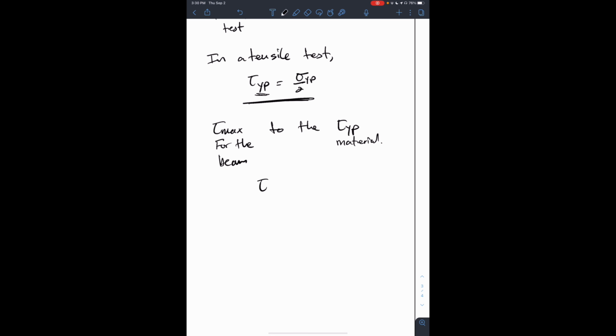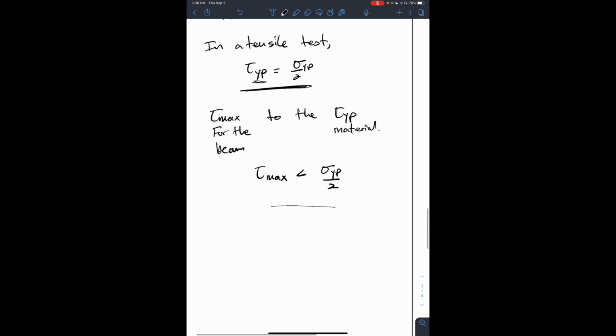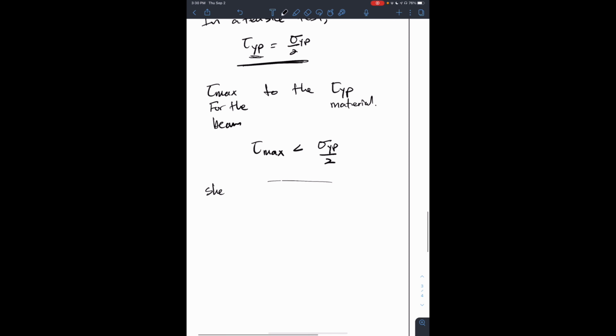So we want tau max for the beam to be less than our so-called sigma yp on 2. So this is our shear stress failure theory. And we will do this in more detail, or if we haven't done it already. I'm not sure where we are at when you're viewing this video.